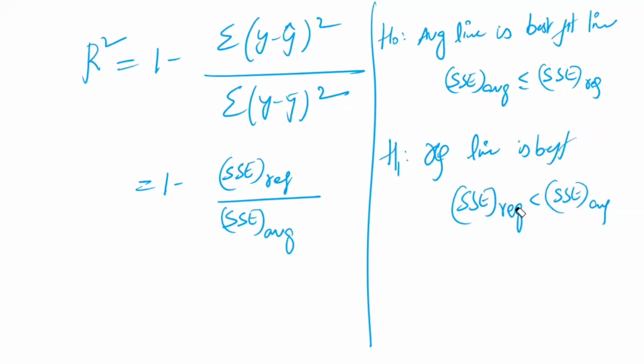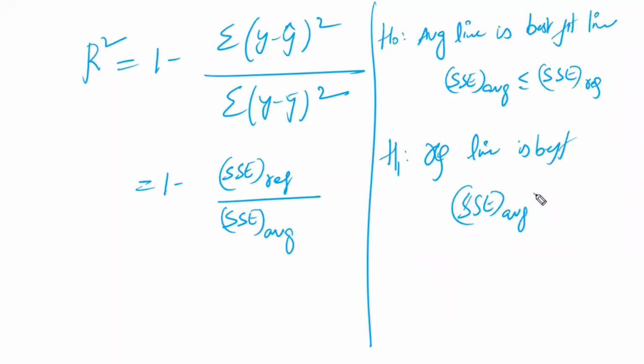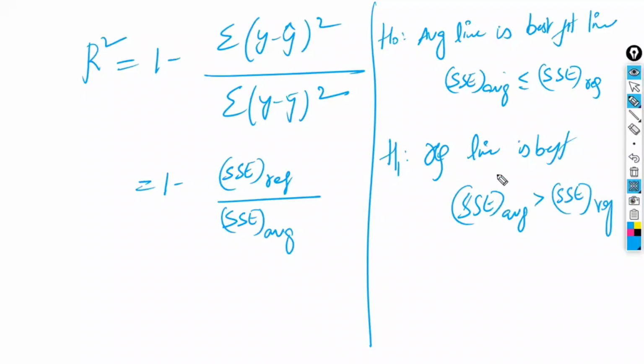Or you can write it the opposite way: SSE of average is greater than SSE of regression. Now here, SSE of average you have got is 22, which is greater than 13.9.